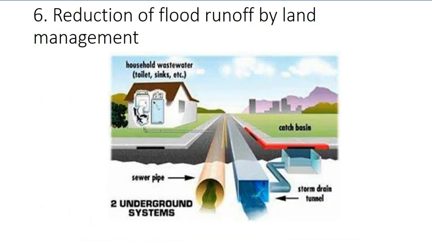Reduction of flood runoff by land management. Basically, these are your drainage. So drainage are closed conduits in your urban areas. So we land manage by cleaning our drainage or avoiding wastage. So disiplina pa rin, no? Discipline in order for us to avoid clogging of our closed conduits, drainage.